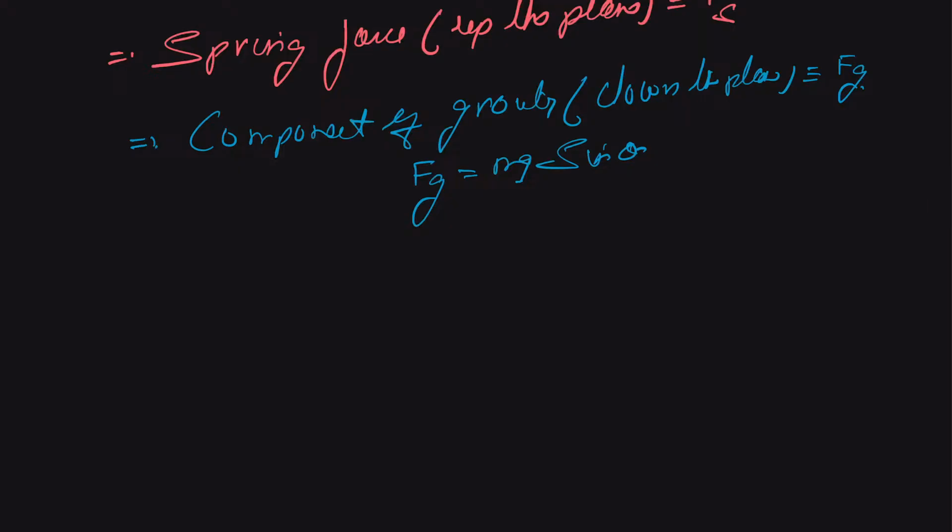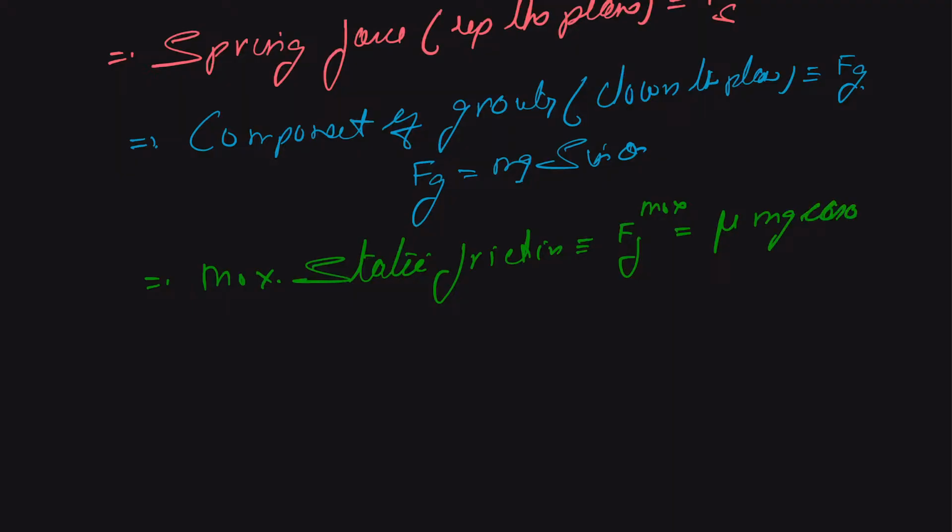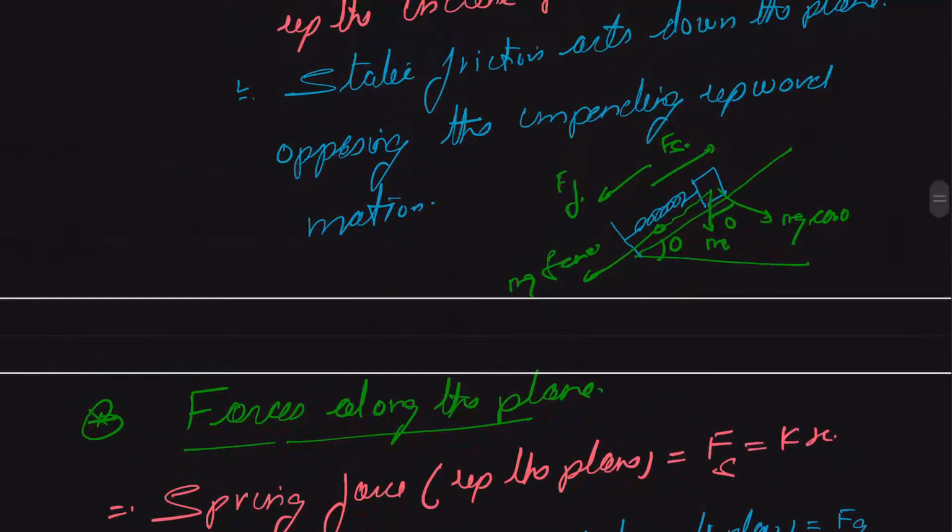The third one is our frictional force, maximum static friction, that will be down the inclined plane. That is f max, which is mu times N, where N is mg cos of theta, and this is down the plane. We have a normal force that will be in this direction too, and this is the maximum value of static friction.